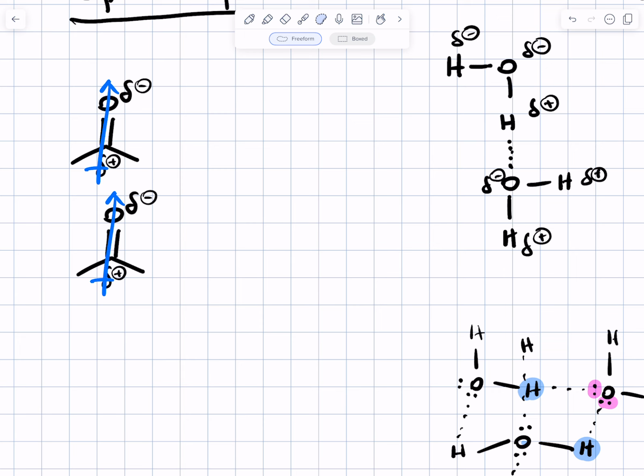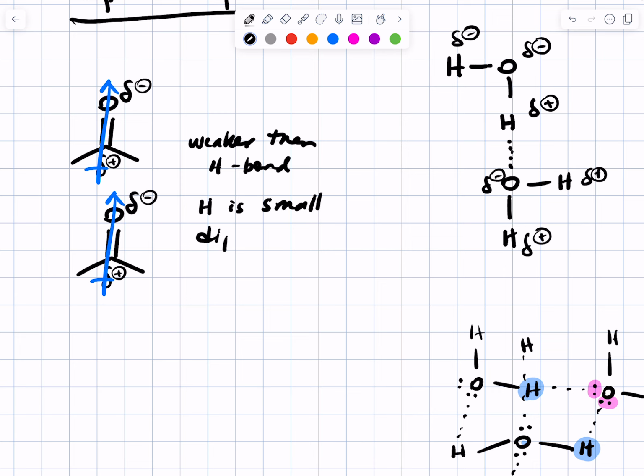These dipole-dipole interactions are weaker than hydrogen bonding, and the reason for that is hydrogen is small, so dipoles approach each other more closely if one of the atoms is hydrogen.